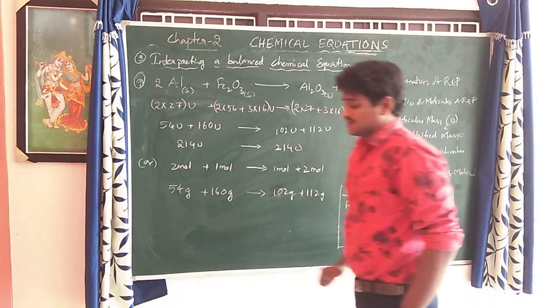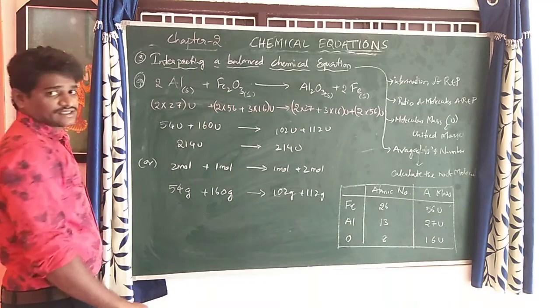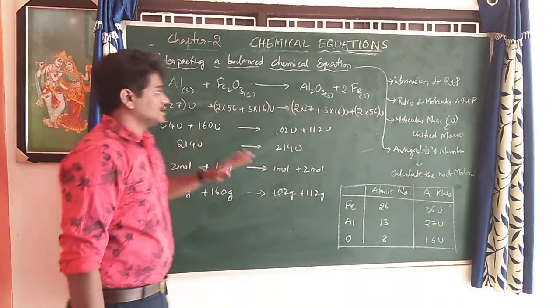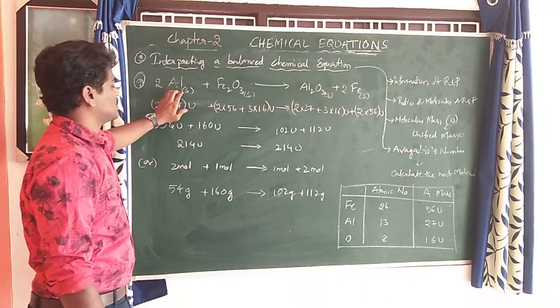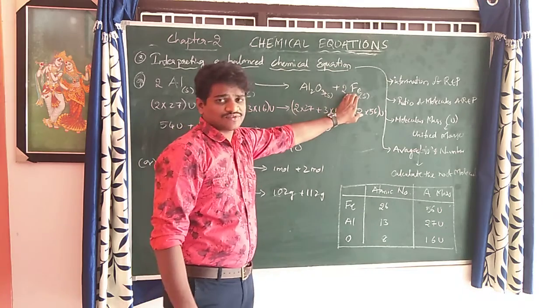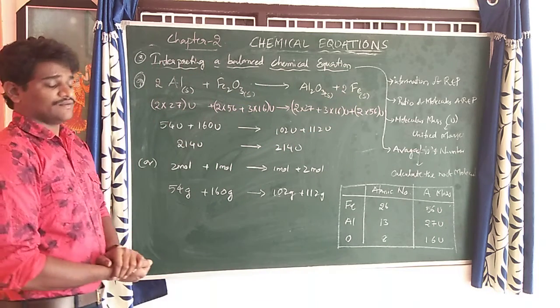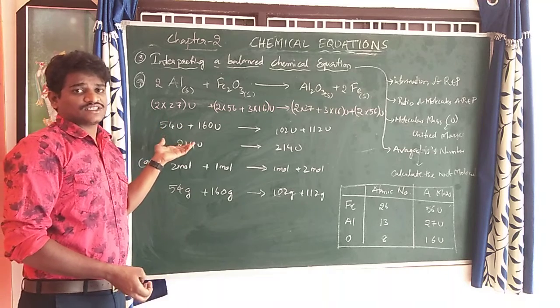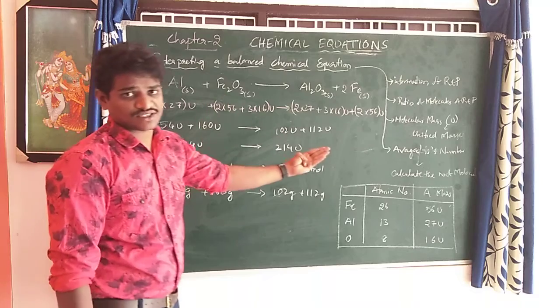For example, when aluminium reacts with ferric oxide, it becomes aluminium oxide and iron. By adding coefficient 2 to the aluminium and 2 to the iron, the equation is balanced. Now we can interpret how the mass is the same from the LHS to the RHS.